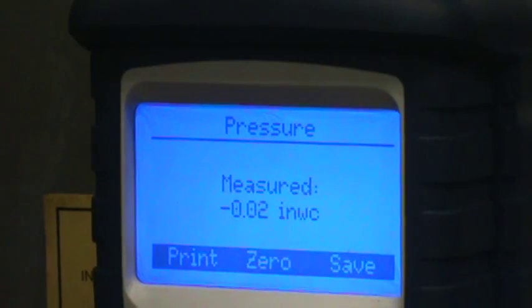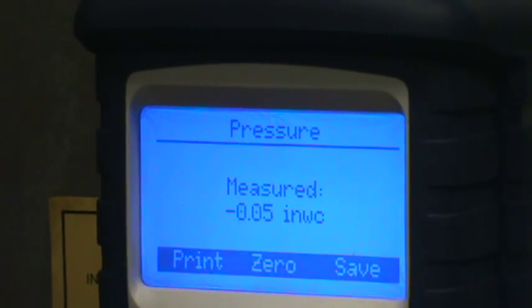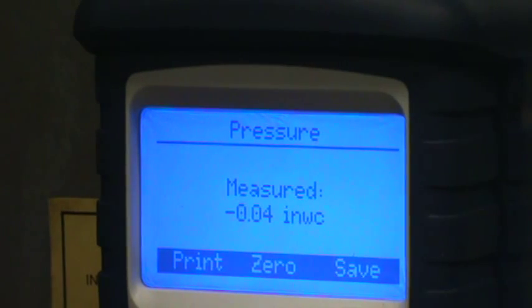Now we're down to a negative 0.02. So that would be a decent draft right there, negative 0.01. It's moving around a little bit. Really sensitive. But I'm right over the fire.